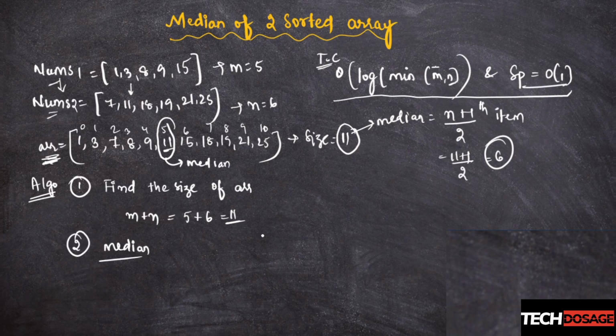If an array has 11 elements, then the median, using the formula, is n plus 1 by 2, because 11 is an odd number. So it is 12 by 2, and it is 6.